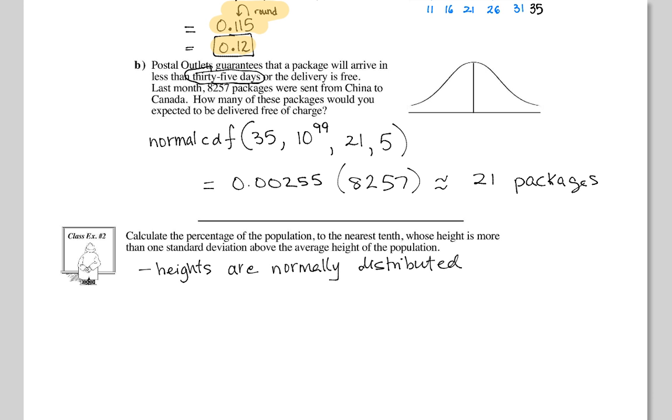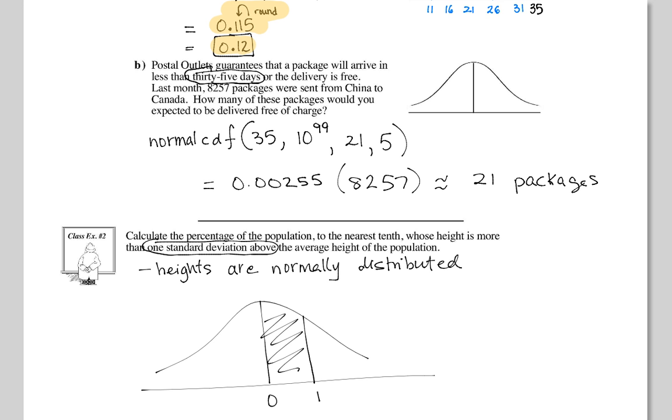So what is one standard deviation above? One standard deviation above, what would that look like? Zero's in the middle. Just one above? Yeah, you already know that one, right? Okay. So what you can do now is go normal CDF. And if you have the Z scores, you just have to put them in.